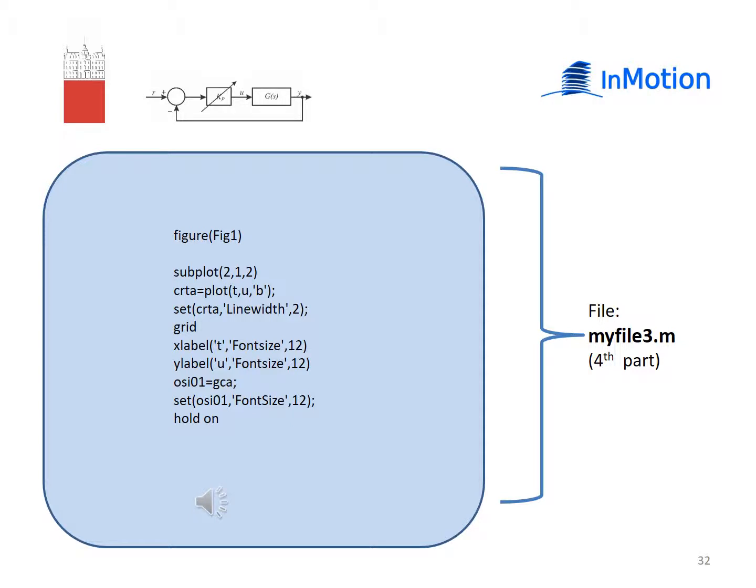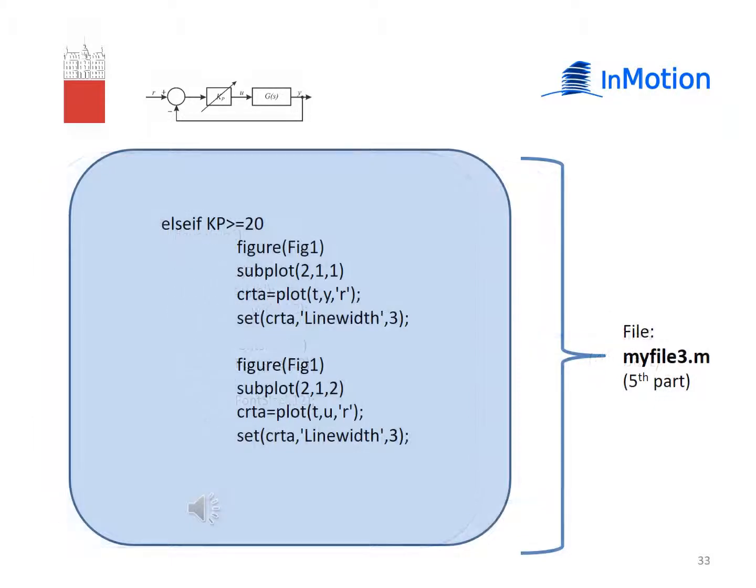In a similar way, the control signal is plotted in the lower graph. The final results, when the parameter Kp is equal to 20, will be plotted with red lines. Other responses will be presented with blue lines.